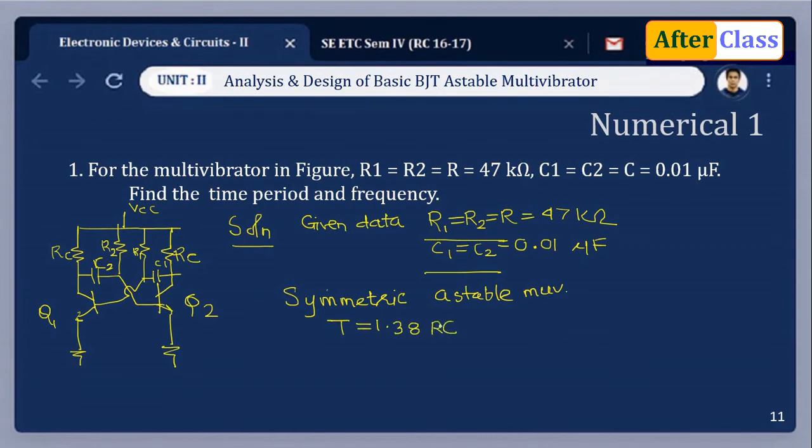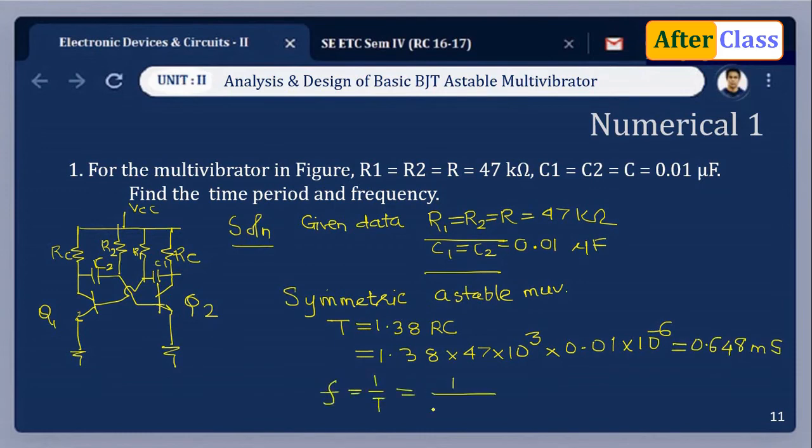So we can write T equals 1.38 RC. Substitute the values: 1.38 into 47 kilo, 10 to the power 3, into 0.01 into 10 to the power minus 6. If you solve this, the answer is 0.648 milliseconds, and frequency f is 1 by T. So it is 1 upon 0.648 into 10 to the power minus 3, which equals 1.54 kilohertz.